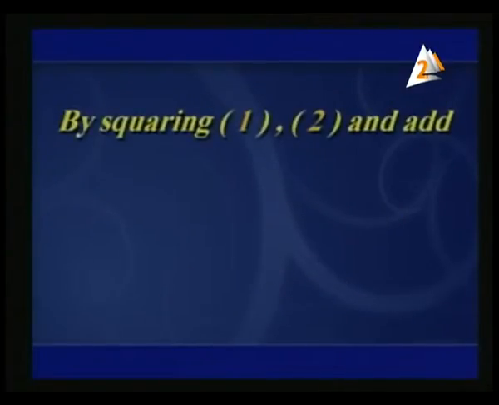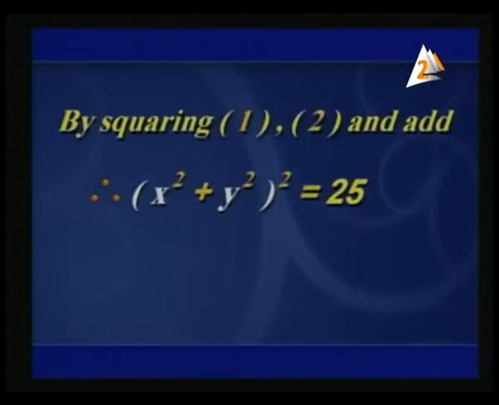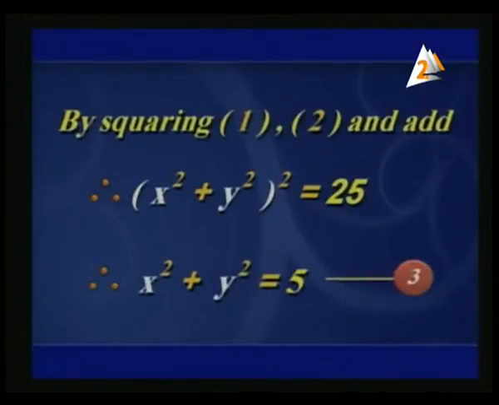By squaring 1 and 2 and adding, x squared plus y squared all squared equals 25. Therefore, x squared plus y squared equals 5, and this is equation number 3.